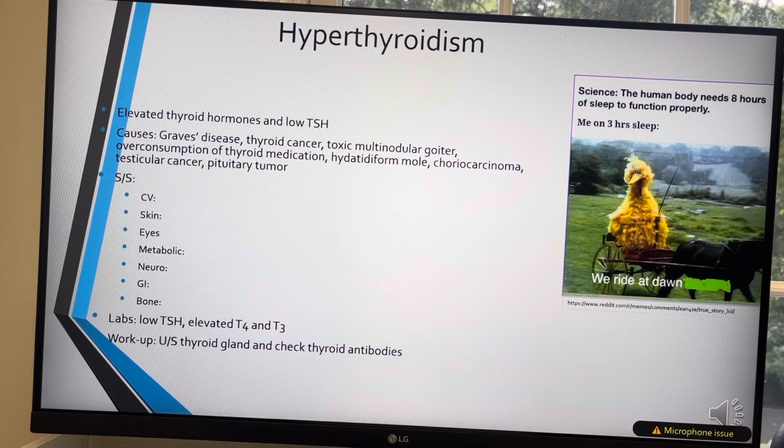With men, you can see hyperthyroidism with testicular cancer. So both with molar pregnancy, choriocarcinoma, and testicular cancer, there's an increase in human chorionic gonadotropin, HCG. And remember, HCG can bind to TSH receptors. You can see this with pituitary cancer.